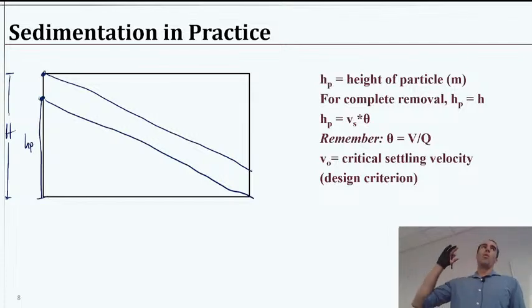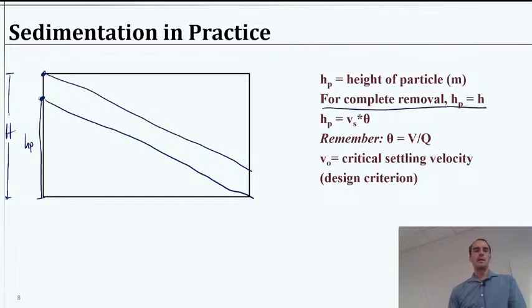It's going to make it out of the reactor, and we failed to sediment it and remove it. So what we can see here is that sometimes we'll have a condition where we get partial removal. What we want is total removal, or at least to be designing with that in mind. So I'm going to say for a moment for complete removal, we should set HP equal to the total height. And I guess I'll use the lowercase h here.